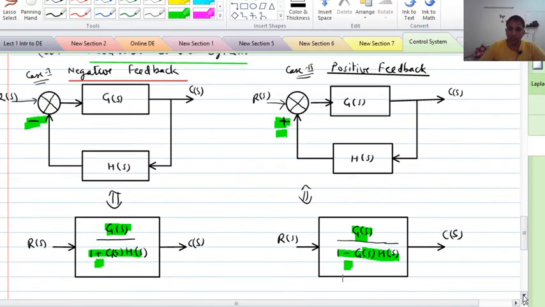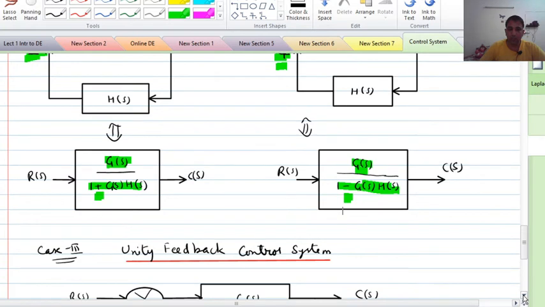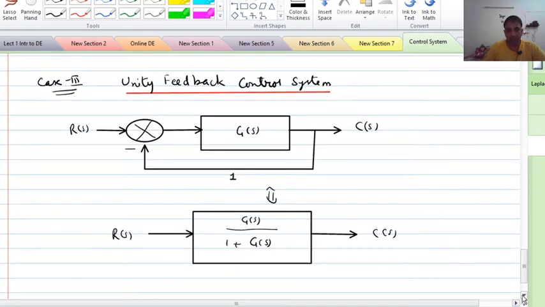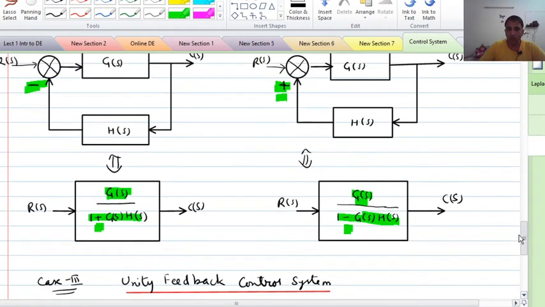In the special case of these two, if we use feedback with unity gain, that is a unity feedback control system, in which the transfer function of the feedback path is 1, then in that case this Hs becomes 1.